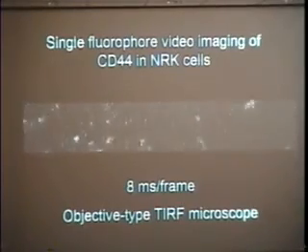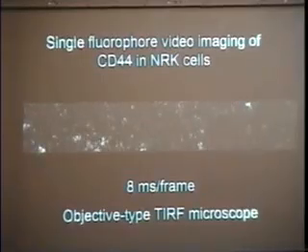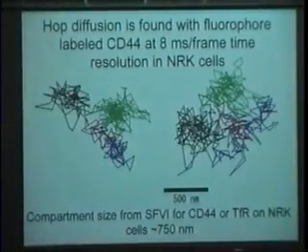If I take one of these trajectories, or a couple of these trajectories, here you start to see that you still get this compartmentalization, and now we're using just a single fluorophore as the probe attached to an FAB. And when we analyze these for CD44 or transferrin receptor on the NRK, and this is again looking at the larger domains, we get 750 nanometers on average for the size of the domains, exactly what we see for the gold. So it doesn't look like the gold's causing the compartmentalization, it's only reporting it.